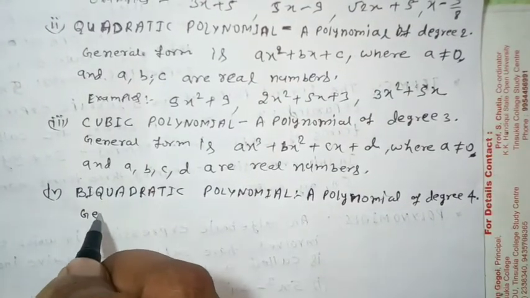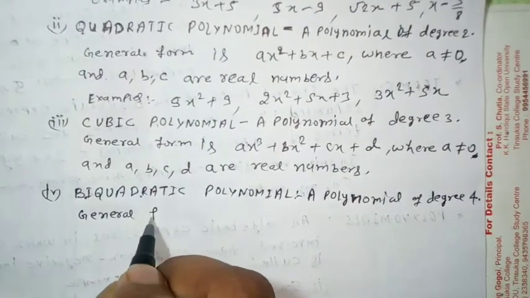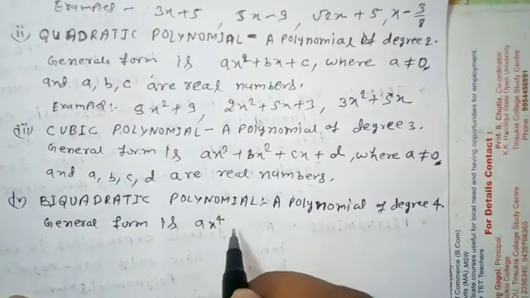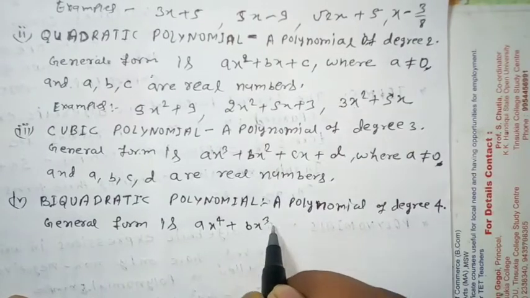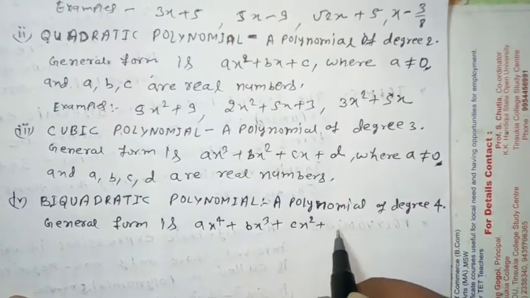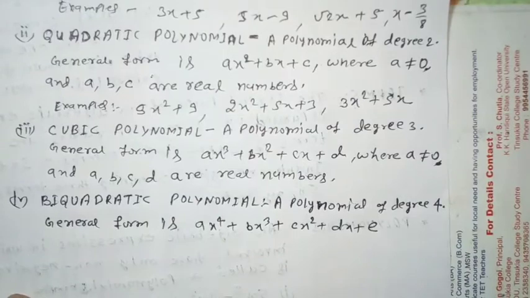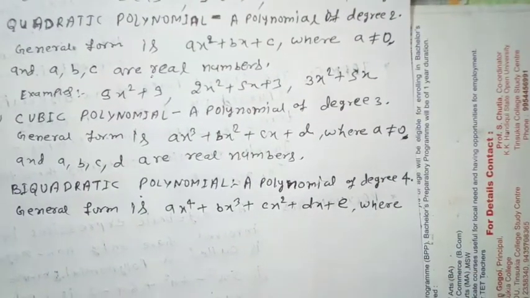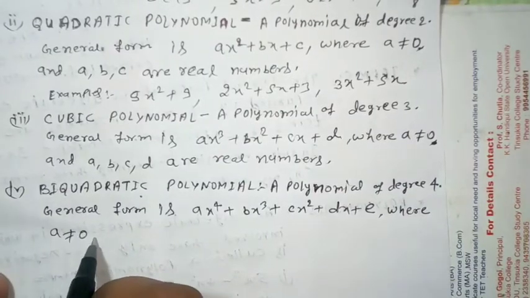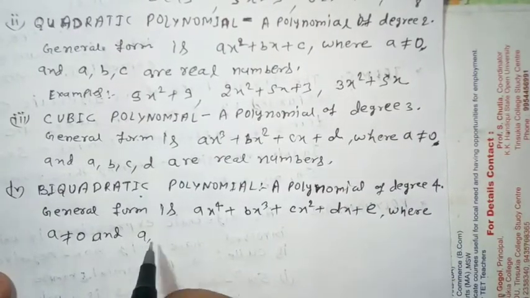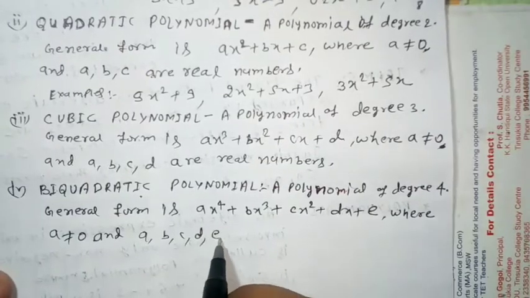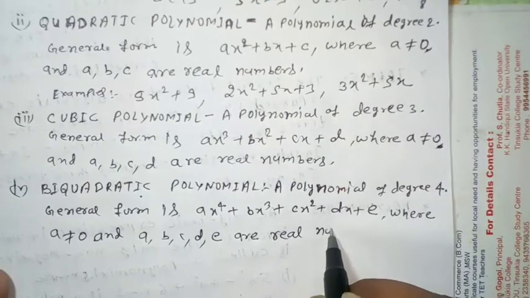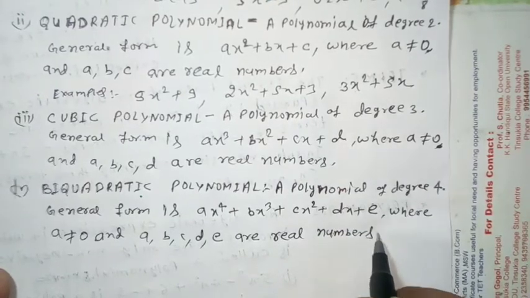General form is ax to the power 4 plus bx to the power 3 plus cx square plus dx plus e, where a does not equal 0 and a, b, c, d, e are real numbers.